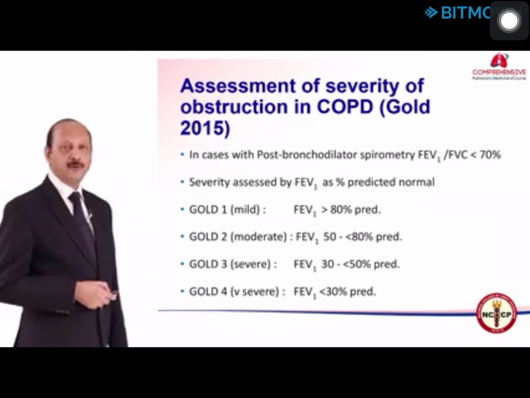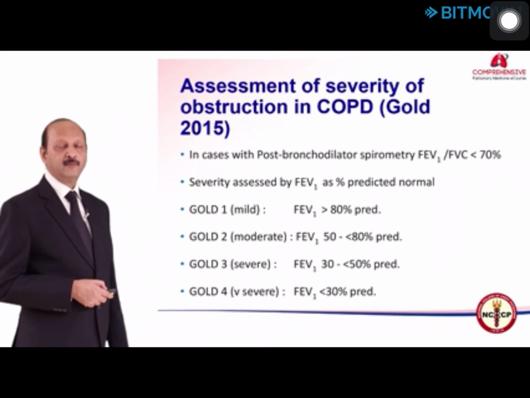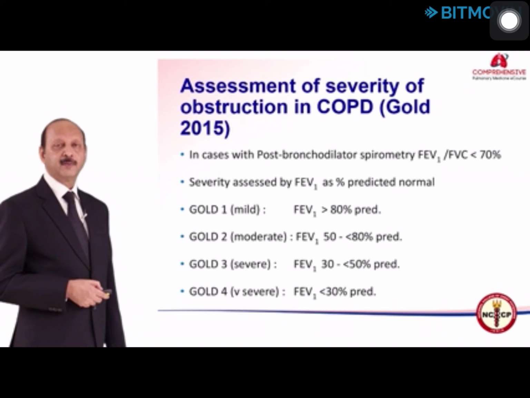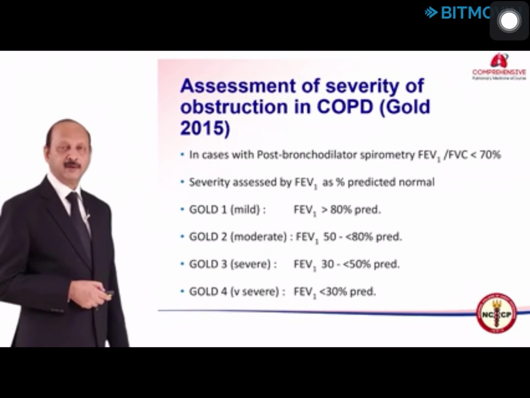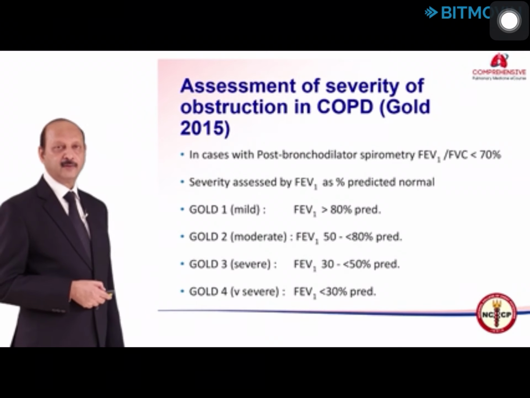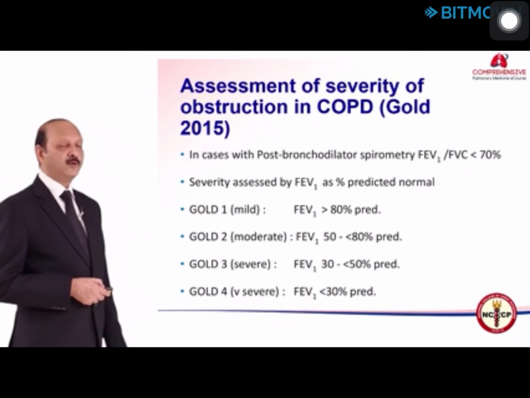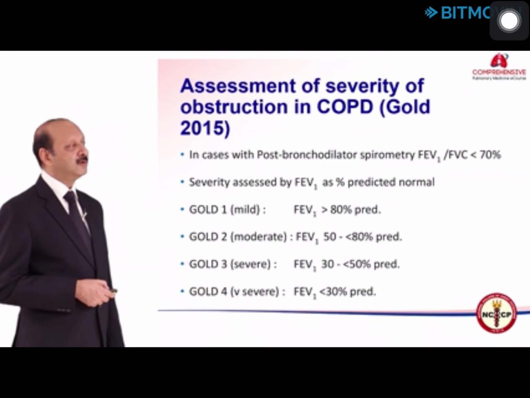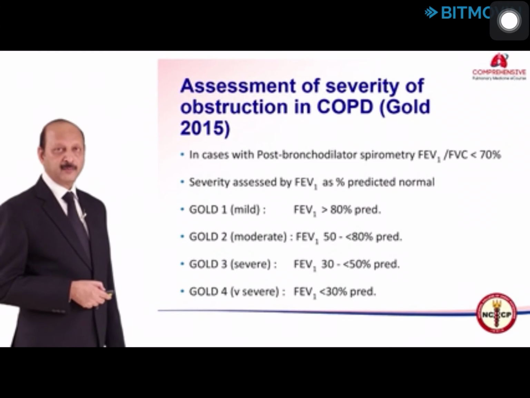Now, in case of COPD, as per the GOLD guidelines: whatever I have told you so far is in general for any disease, whether it is asthma or any other airway disease, post-TB, bronchiectasis or COPD. But for COPD, if somebody wants to follow the GOLD guidelines, they have different criteria. First, they say the FEV1/FVC should be less than 70%.